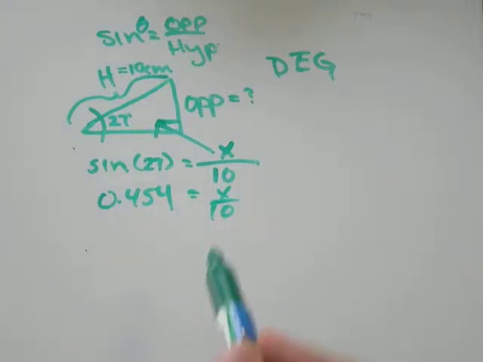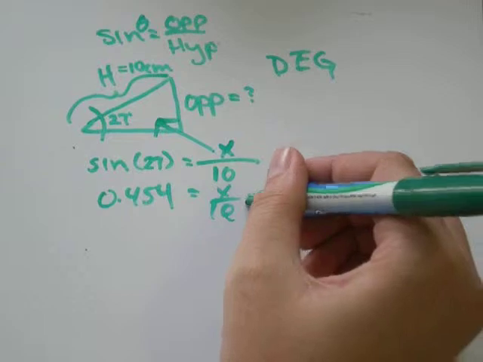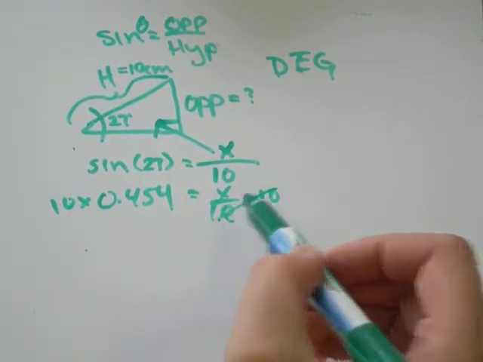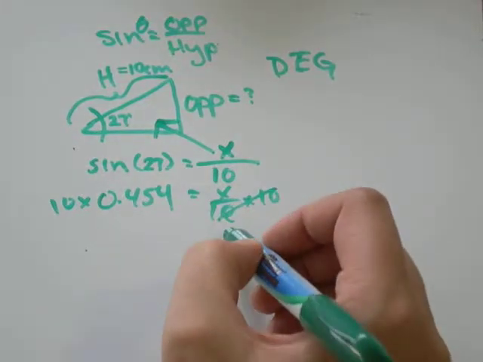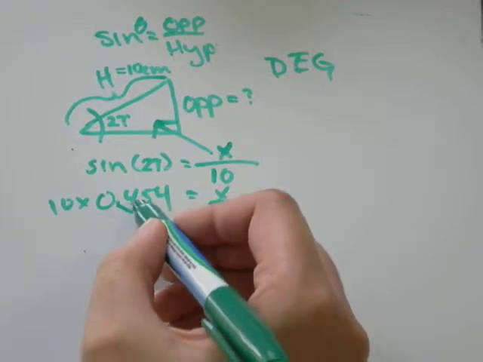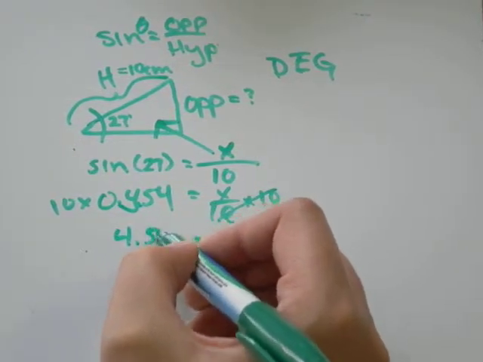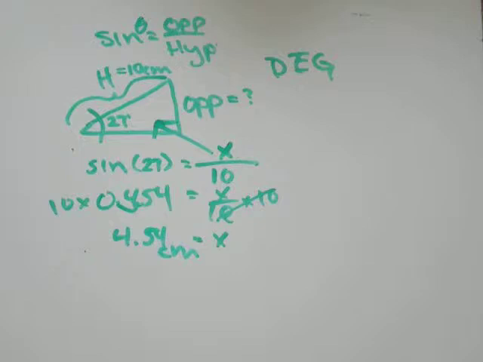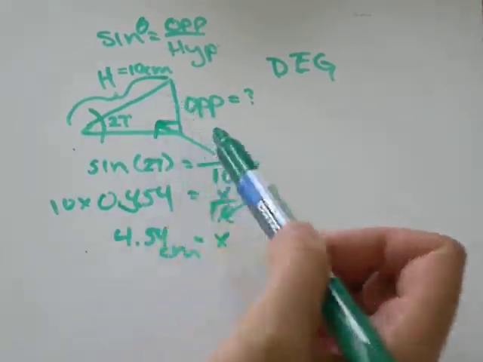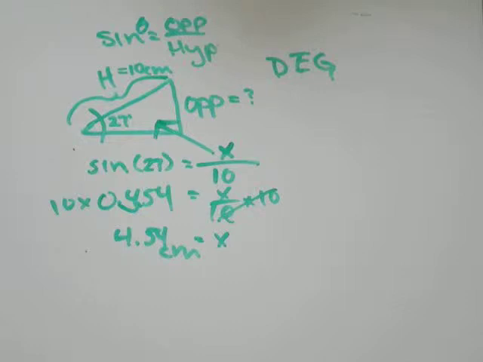The opposite of dividing by 10 is multiplying by 10, so I'll multiply both sides by 10 so that those 10s cancel out, and I get x equals 0.454 times 10, which is 4.54 centimeters. Go back and look at your picture and ask, does that seem reasonable? Does this side look like it's about twice as long as that side? Yeah, it looks pretty close, so we can feel pretty confident that our answer is right.